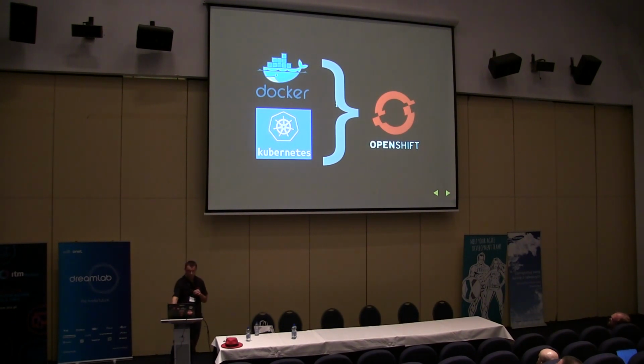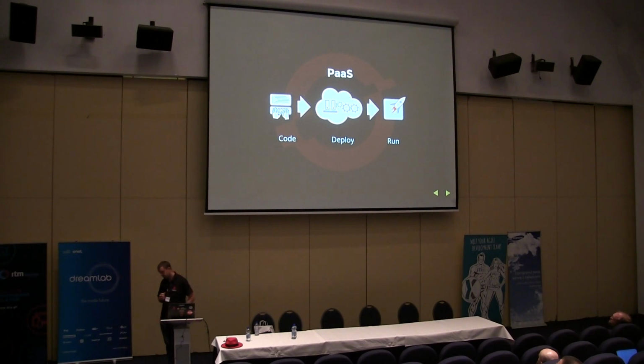So, a quick recap, what's OpenShift? OpenShift is a platform as a service. Who has ever used OpenShift? Oh, that's cool, a couple of those. For those who have not, OpenShift is a platform as a service written by Red Hat, and it's open source.